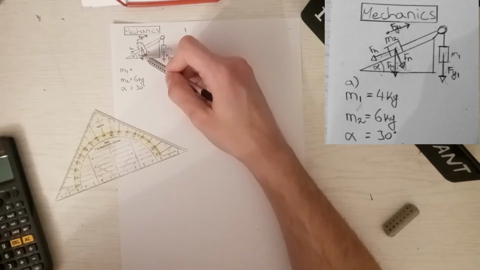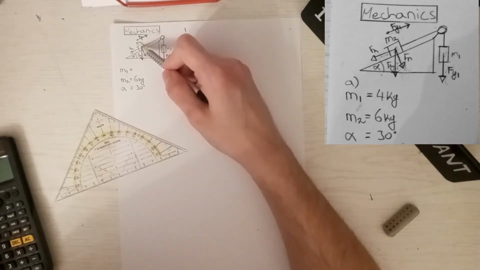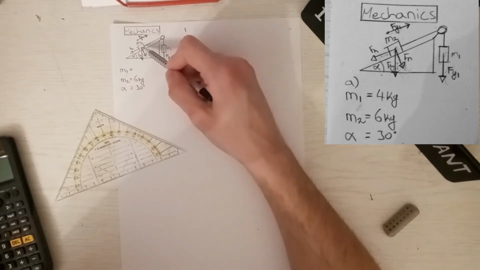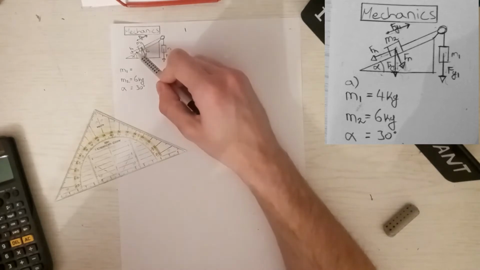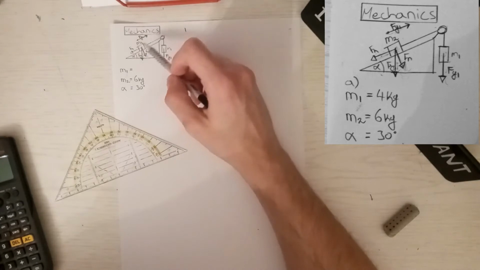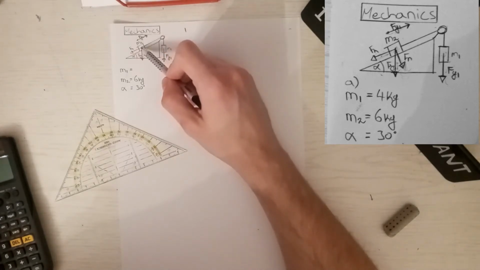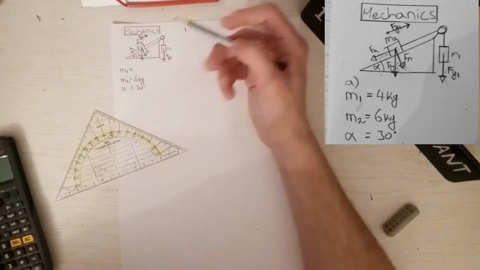And this force right here, you can split it in two parts, which are the normal force, which is vertical to the surface, and this surface obviously has an angle. And then you also have this force right here, which pulls the object in this direction, which I'm just gonna call FH for now.